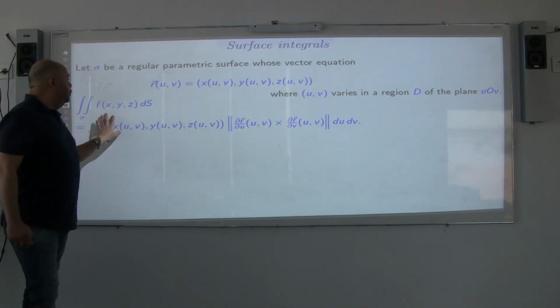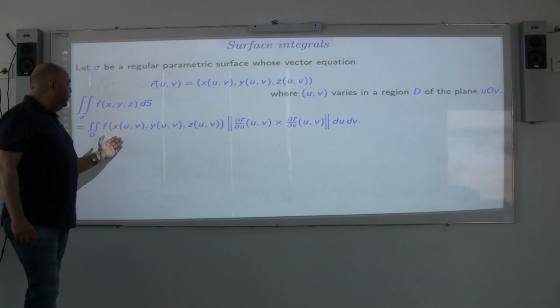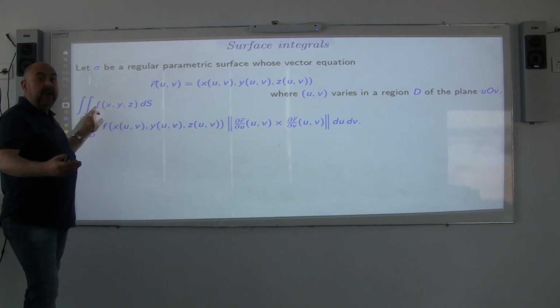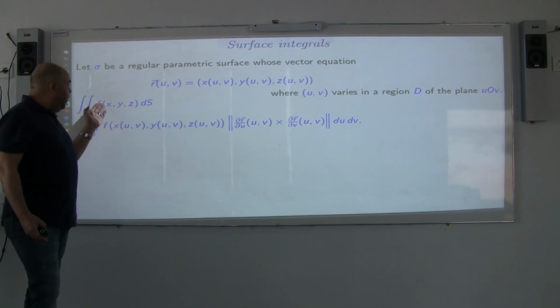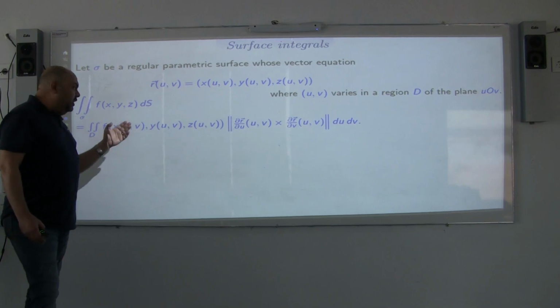So all I have to do if I want to find the surface integral on the surface is to just use the parameterized form. So I'm getting the value of f as a function in the vector equation. So I will make the replacement. Instead of having x, y, and z, it's going to be x in u and v, y and z similarly.